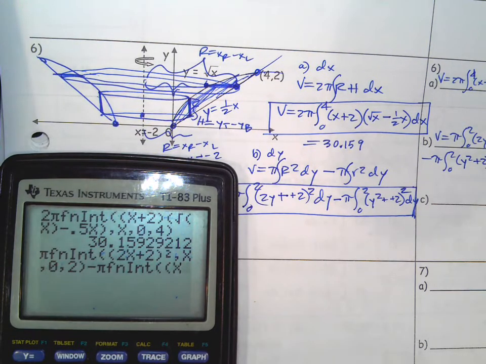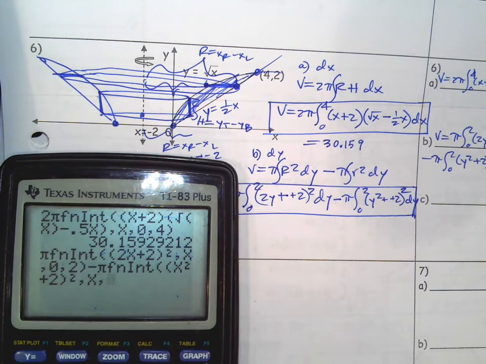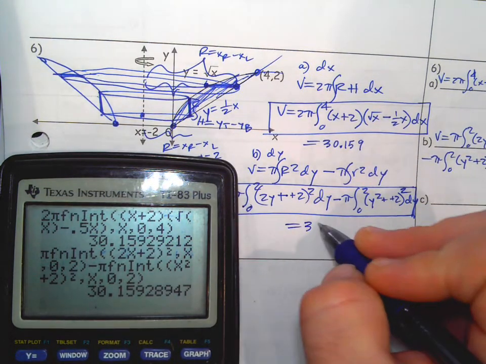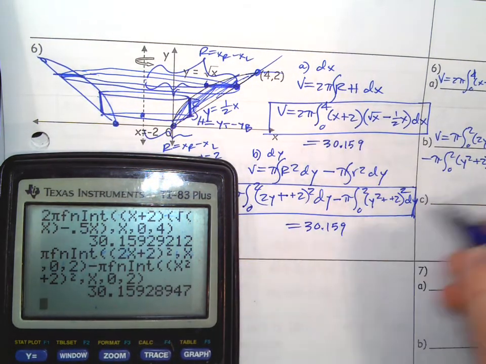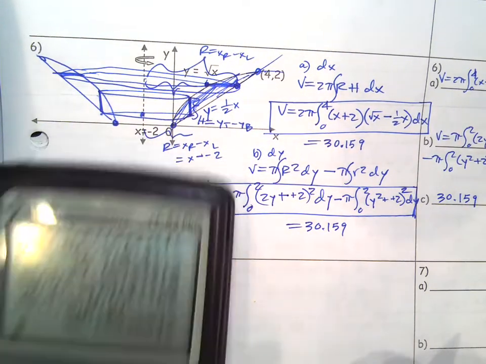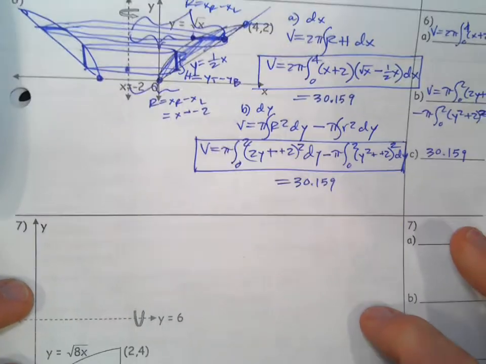X squared plus 2, close parentheses, squared, comma x, comma 0, comma 2. All right, 30.159, same answer, 30.159, just 3 decimals for final answers. Round truncated, 3 decimal accuracy. All right, so that's that.